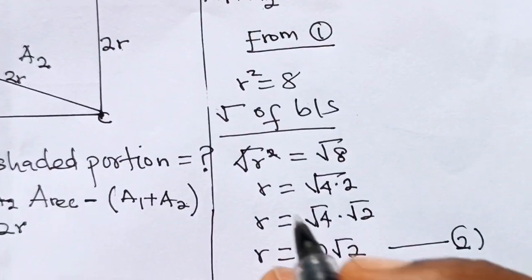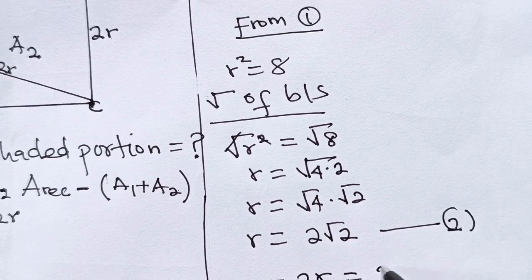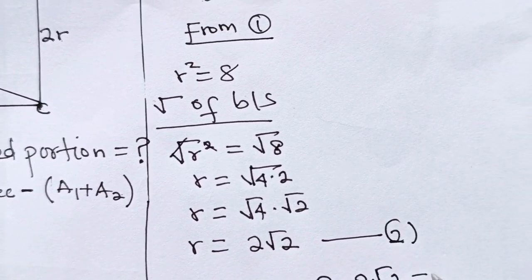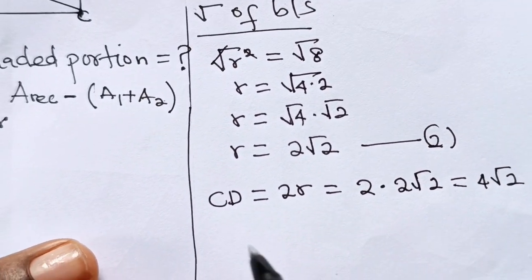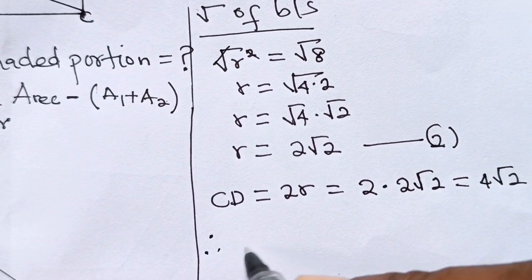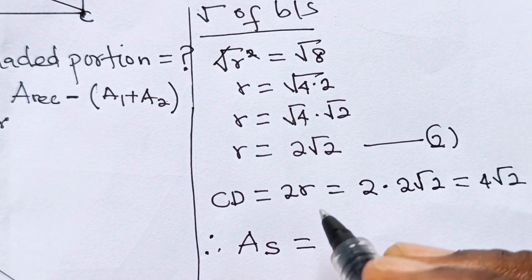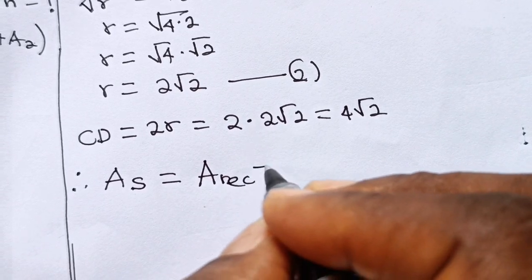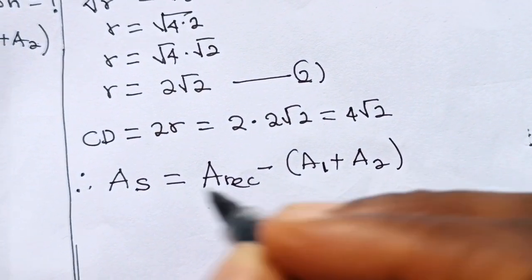So CD is equal to 2r, which is equal to 2 multiplied by 2 root 2, which is equal to 4 root 2. Now let's go ahead and find the area of the shaded portion, which is equal to the area of the rectangle minus (A1 plus A2).